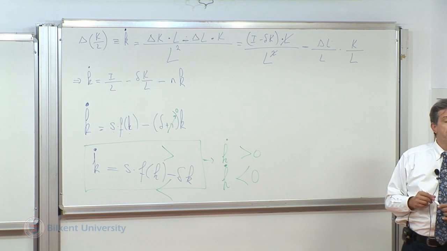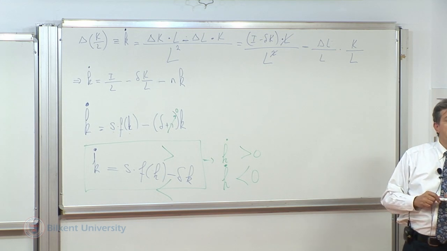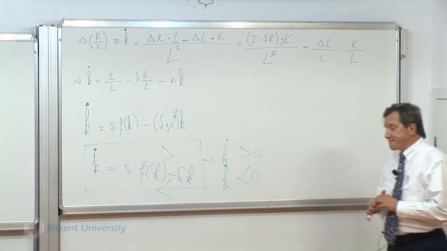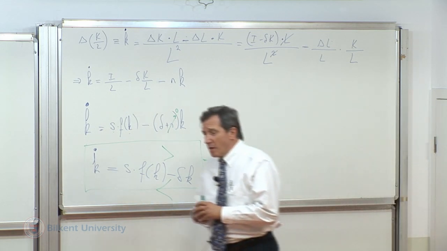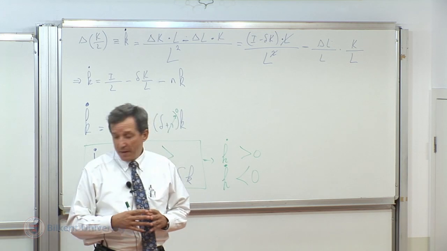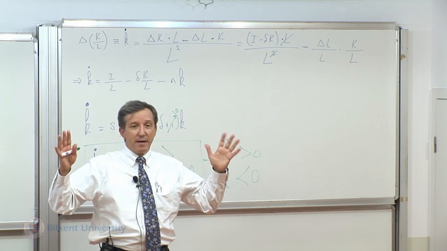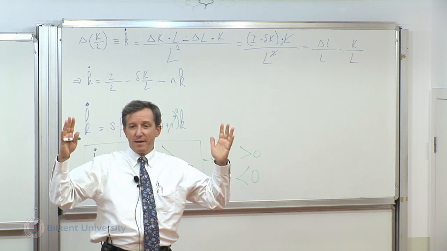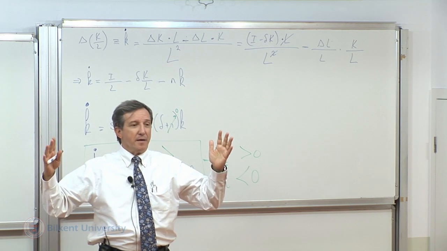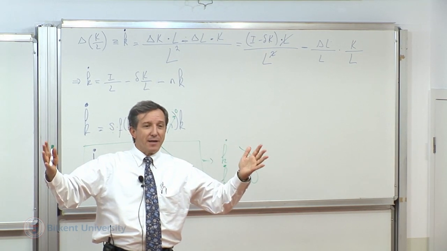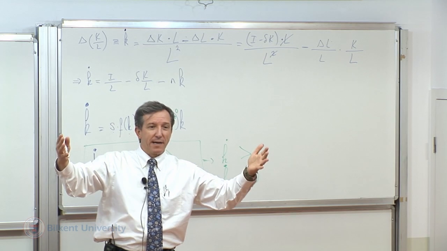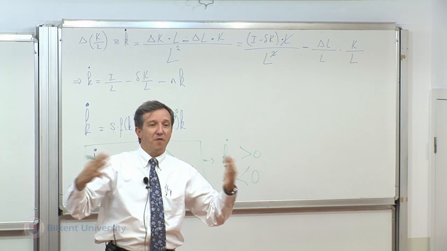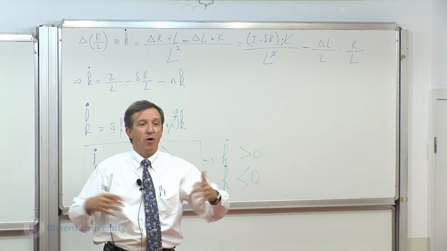Is there a technical problem in saying per capita instead of per labor? No, but in this analysis, every human being that is to be recognized per capita has to function as either worker or capital owner.